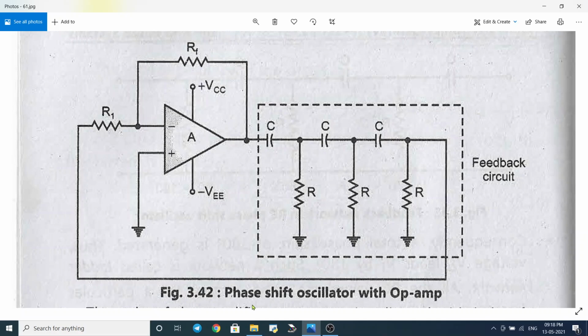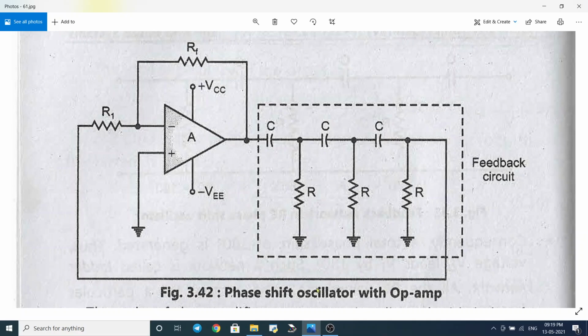See, this is the circuit diagram for the phase shift oscillator with op-amp. This is the op-amp. In which configuration is the op-amp connected? Inverting configuration, because the non-inverting terminal is connected directly to ground, and this is the feedback network.